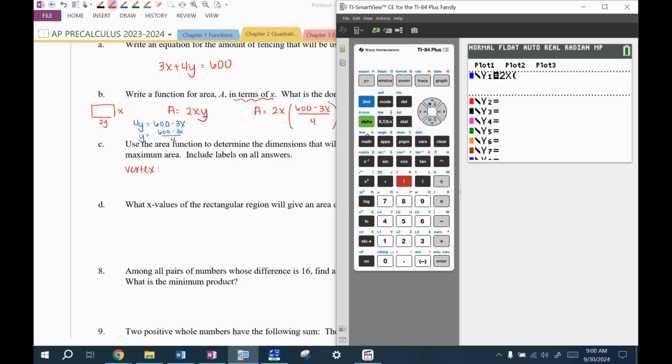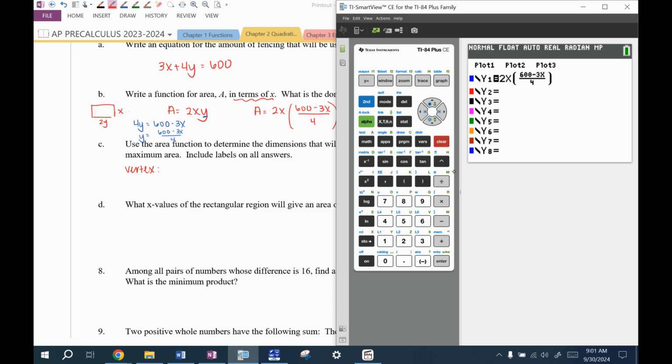Maybe I'll do it in parentheses. So alpha y equals to type in a fraction. The nice thing about this is that you don't have as many parentheses to worry about. Or here's the other option. Put parentheses around 600 minus 3x, because I know not all the calculators have the fraction ability, and then divide that by 4. These two things mean the same thing. Just hold the numerator together, divide the whole thing by 4.